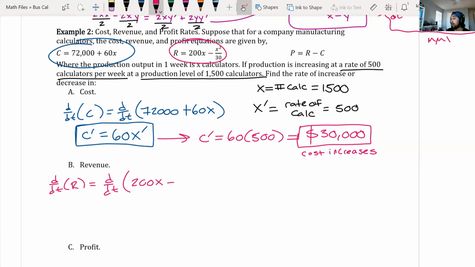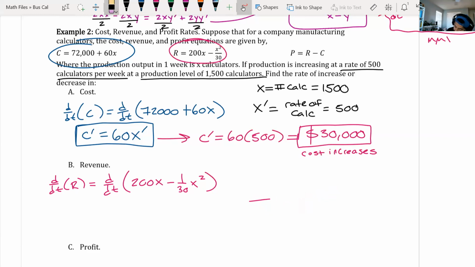So I'm just going to rewrite x squared over 30 as 1 over 30 times x squared. They both mean the same thing. And of course, the reason I do that is so we can see the derivative a little easier.